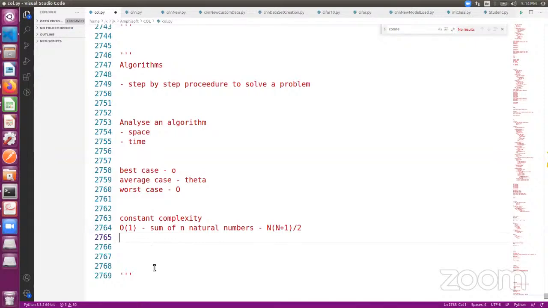So order of 1. The second complexity which comes in order is, any guess or anyone wants to answer? Yeah, log of n.